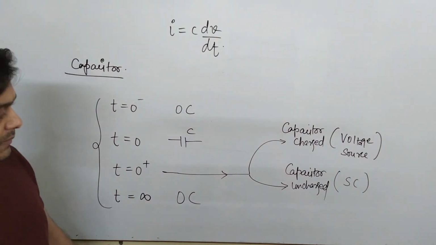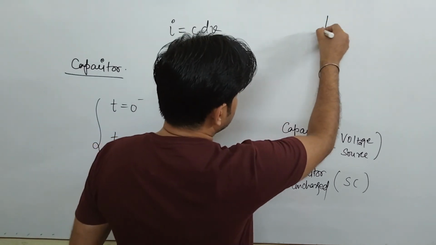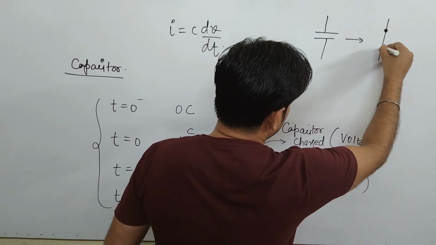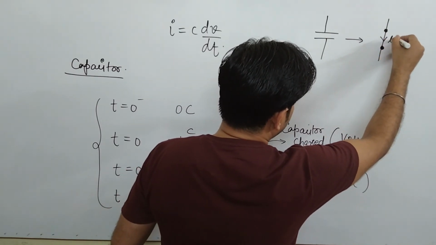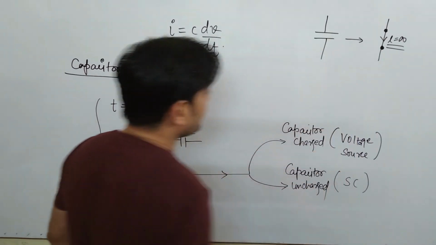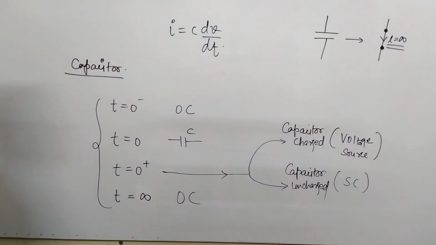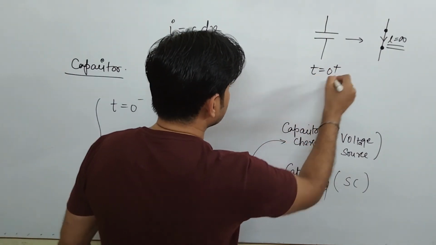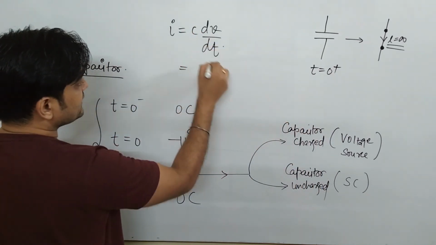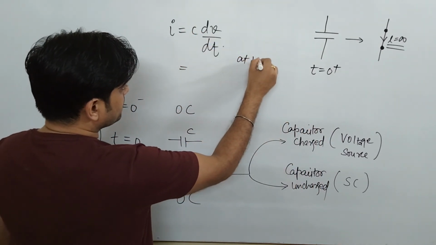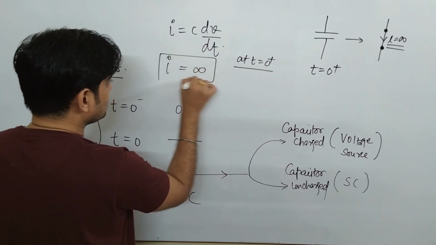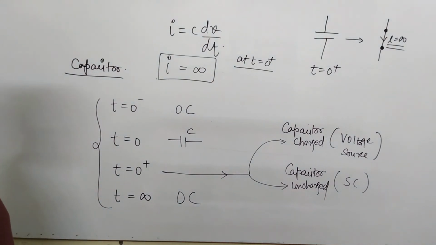It means that this capacitor will be replaced by a short circuit. Short circuit means, ideally, an infinite current is flowing. So for an initially uncharged capacitor at t equal to 0 positive, i goes to infinity.